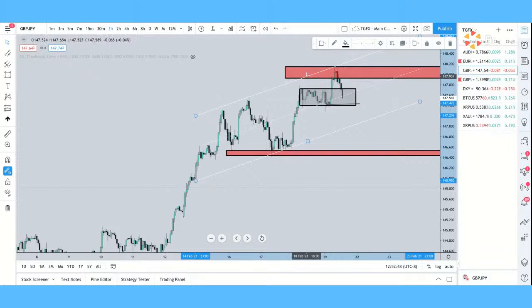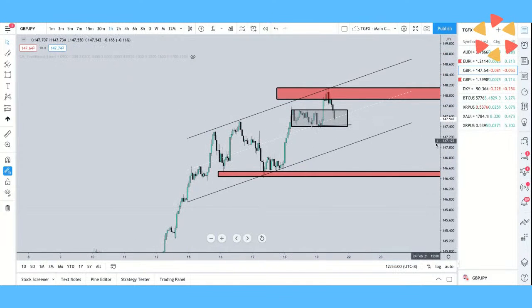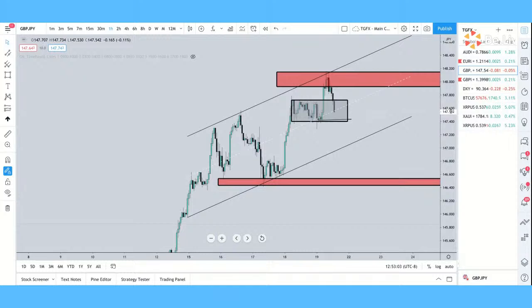Okay, so I think a channel would work best for this scenario, because we can also see the price respected once, twice, three times, and then once, twice, three times on the bottom here. Overall, that just gives us more confirmation for the bearish bias going into this week.